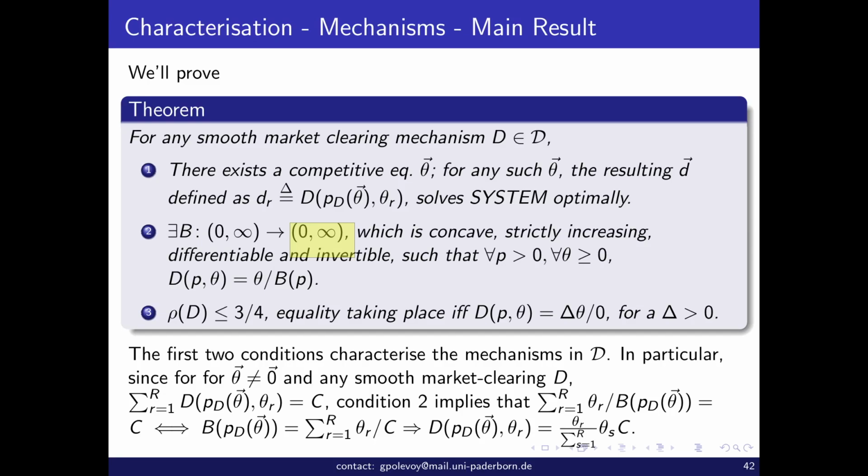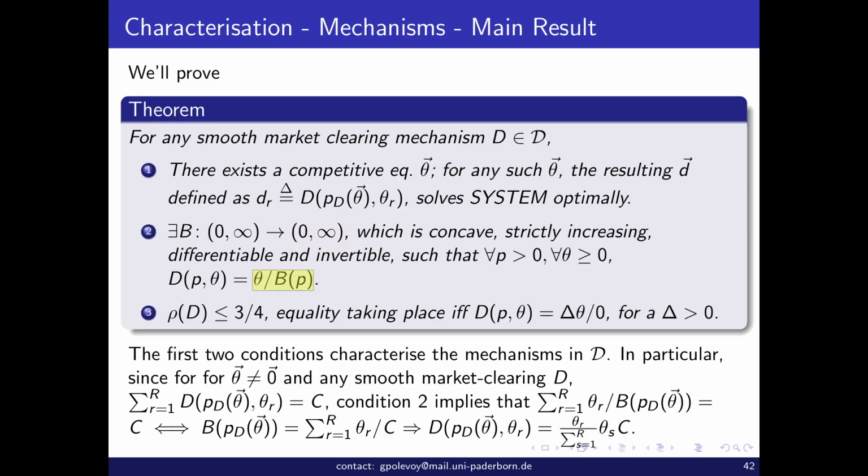So what can be, for example, such a function? f of x equals x: concave, strictly increasing, differentiable, and invertible. And of course, there are other functions like log, also defined over the strictly positive reals, which is also concave, strictly increasing, differentiable, and invertible. Such that this D is equal to theta divided by p.